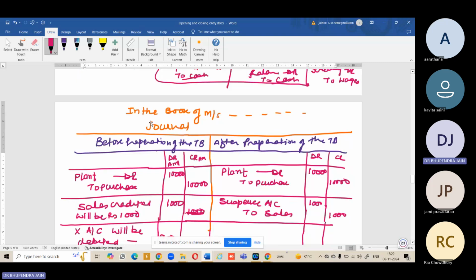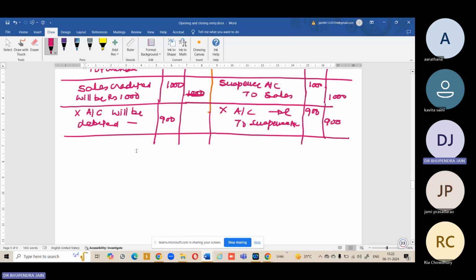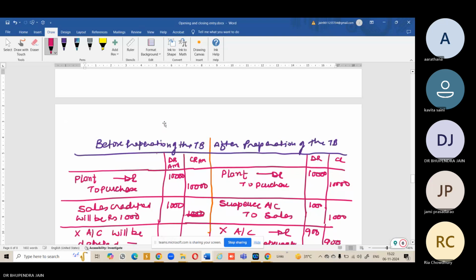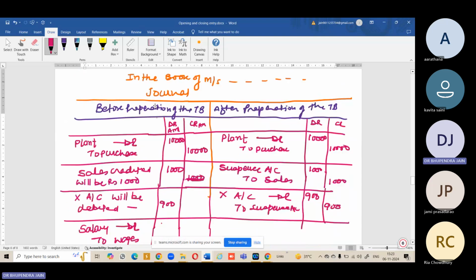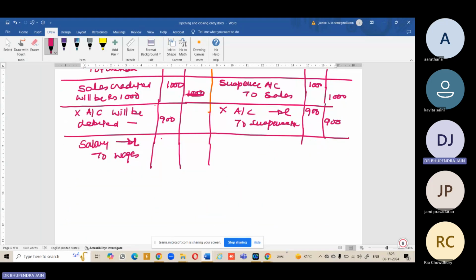Whether such error occurs before preparation of trial balance, we have to pass the same entry, salary account debit to wages, is rupees how much? 3000.